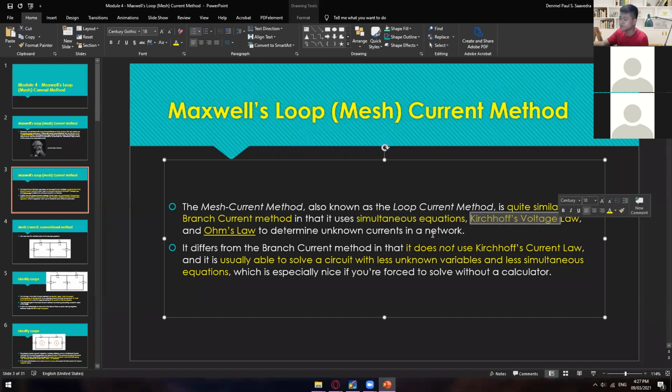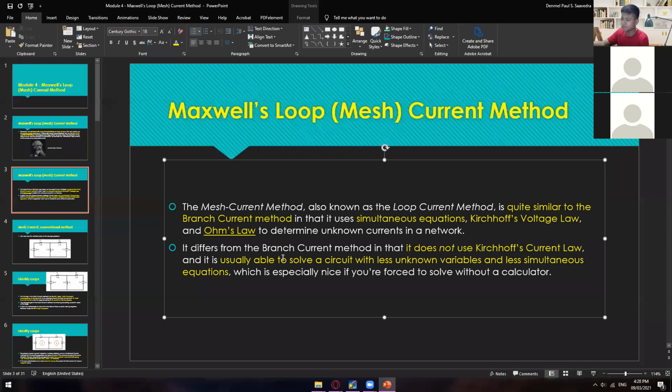Kirchhoff's voltage law and Ohm's law are significant when it comes to the branch current method. We use that to determine the unknown currents in a network. As you can see, from the foundations, from Ohm's law up to the KVL, you'll be able to apply those in the mesh current method, or Maxwell current method.